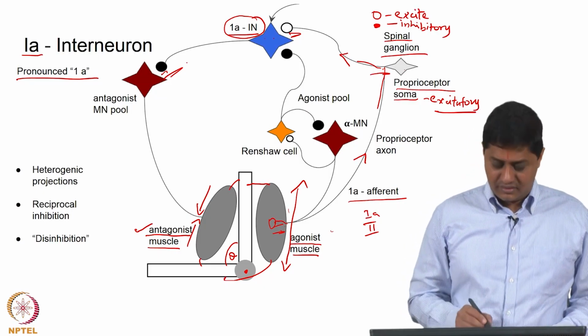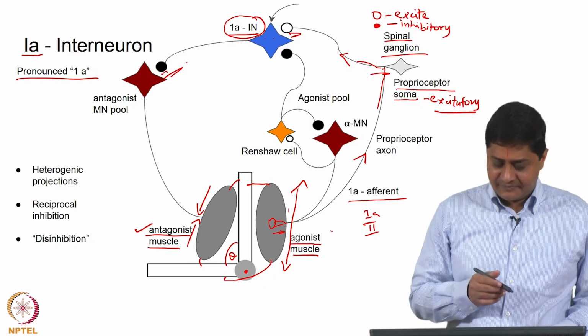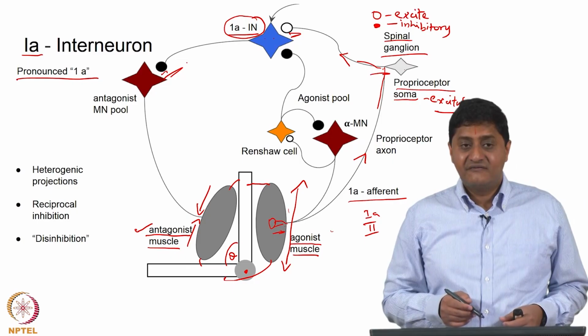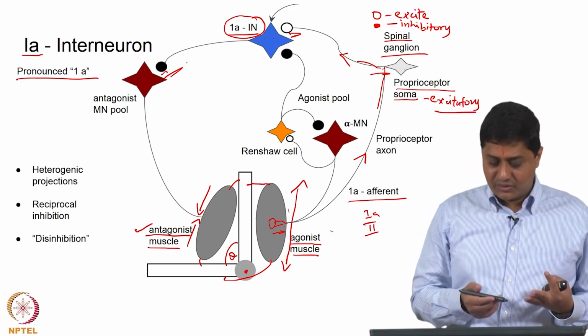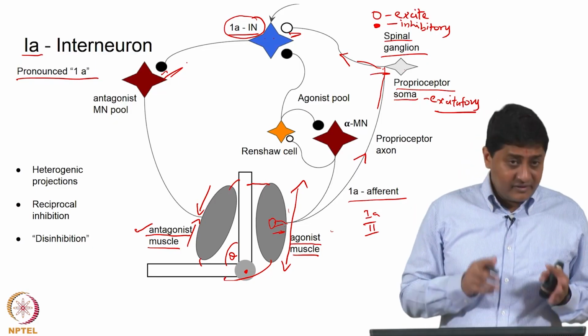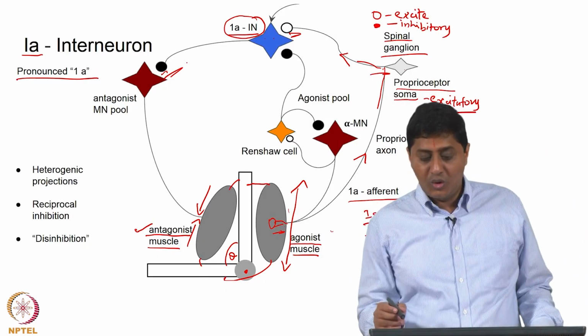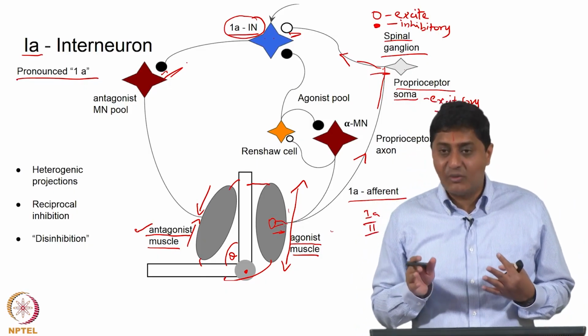Also, one thing to note is that it is not necessary that the agonist muscle will stretch only when the antagonist muscle is contracting. It is also possible that the agonist muscle will stretch due to an external load. An external load could cause stretching, even in those cases, because it is not like the proprioceptor neuron can know who is causing the stretch. The proprioceptor neuron just detects the amount of stretch.